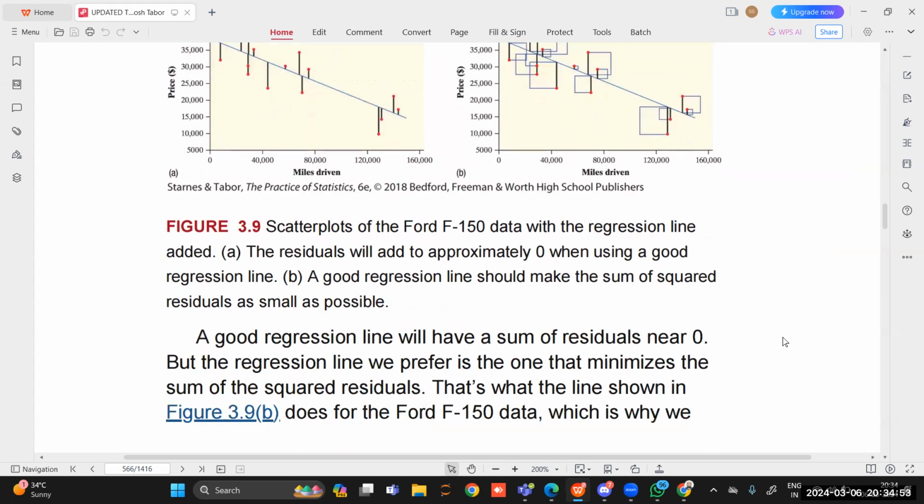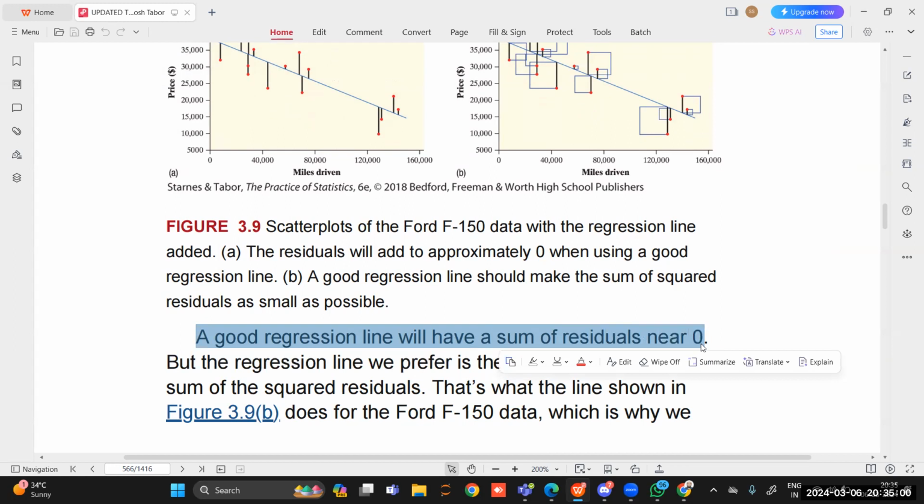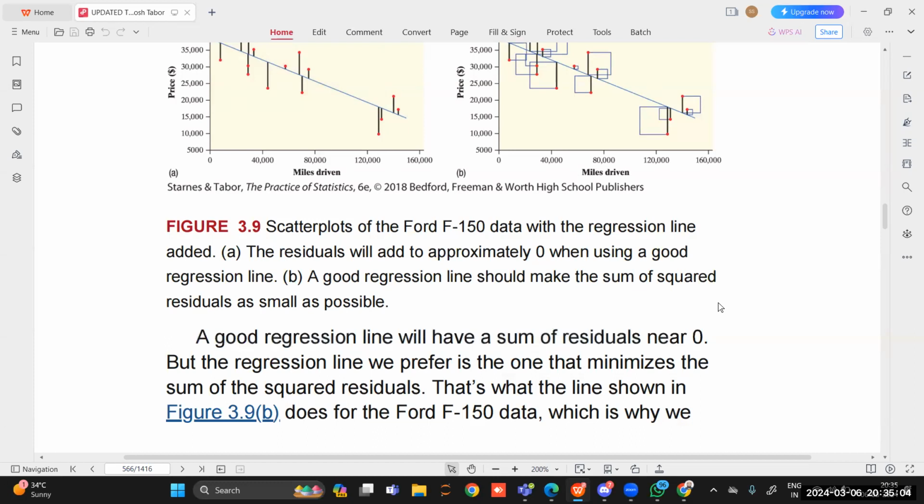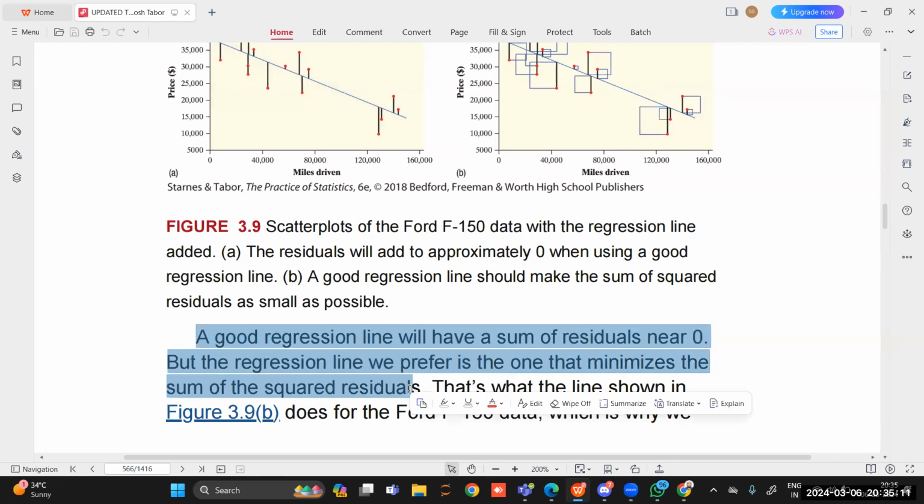Okay, so I've told you a good regression line will have a sum of residual near 0. But the regression line we prefer is the one that minimizes the sum of the squared residuals.